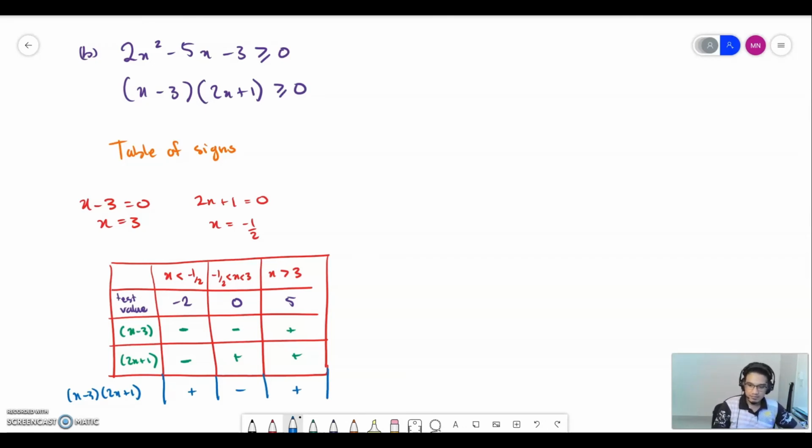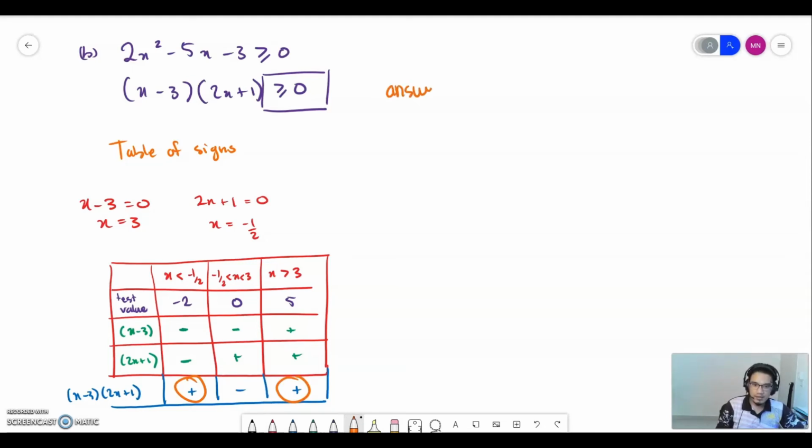Okay, so we have done the table. Now we go back to our inequality. We can see that the symbol is bigger than or equal to 0, so we want a positive region for our answer. Our answer will be from negative infinity until negative 1 over 2.